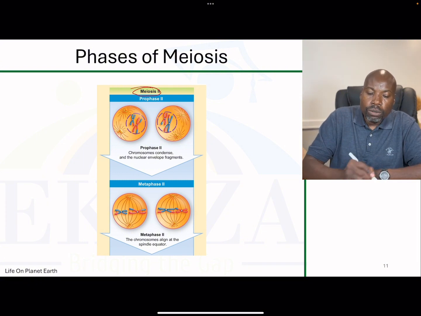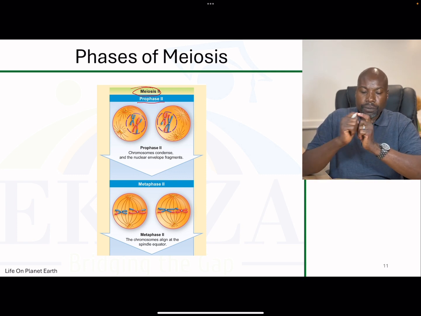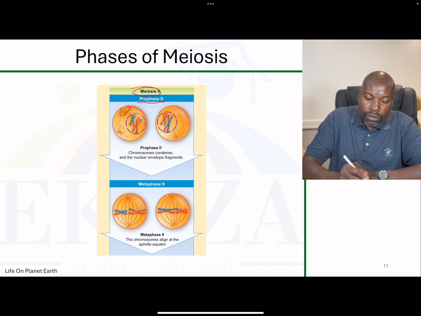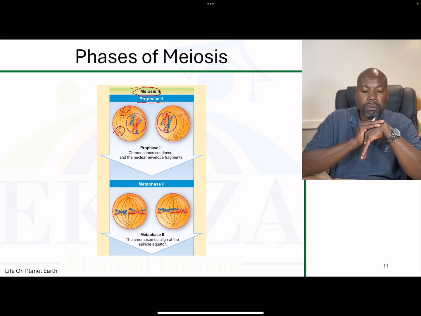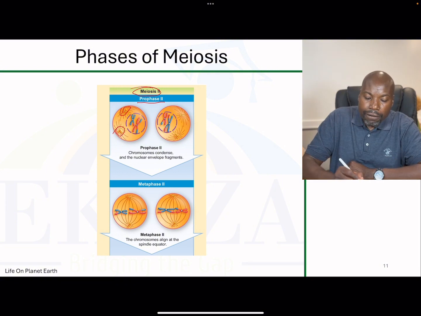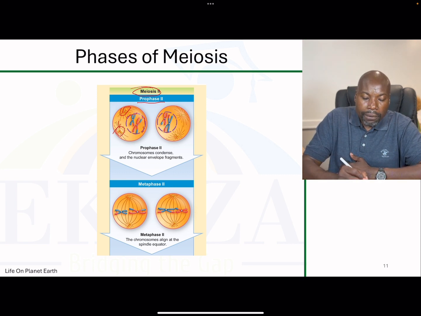In meiosis 2, we are going to have prophase 2. During prophase 2, the centrioles are going to duplicate and move toward opposite directions. That's one. The nuclear envelope is going to get disorganized. That's two, right? The spindles are going to develop.